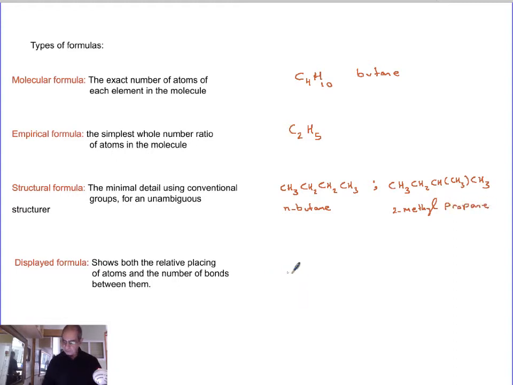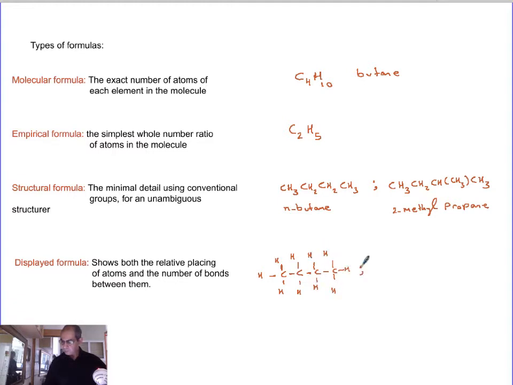Now there is also the displayed formula that really gives you the picture of all the bonds, attachments, and their placement. So in this case we have 4 carbons, and then you put single bonds. Each carbon should have 4, and then you put your hydrogen. So this is the displayed formula for normal butane.